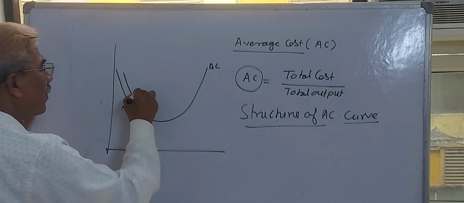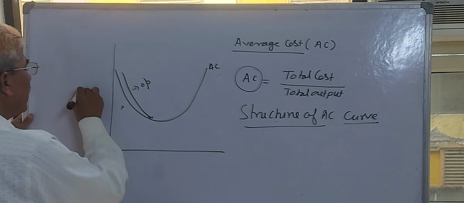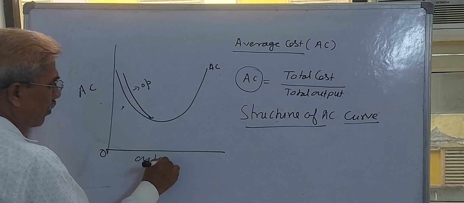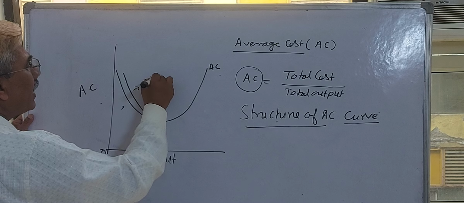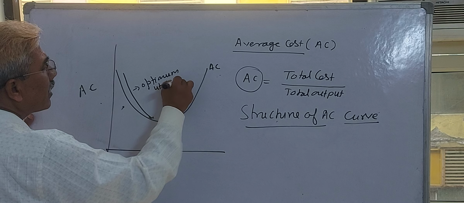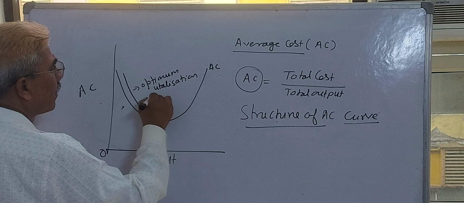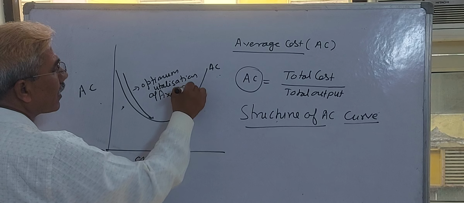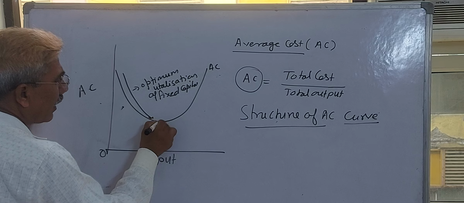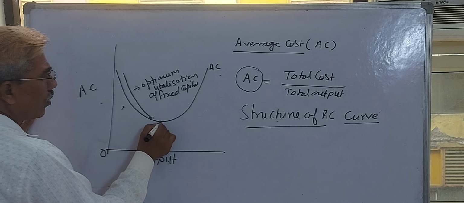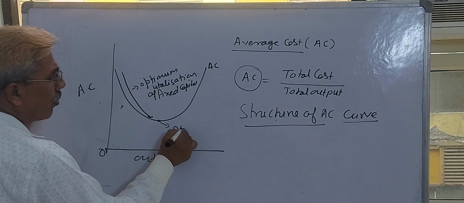This is because of optimum utilization of fixed capital. This is the average cost, this is output. At the point where the average cost is lowest, this is known as optimum output.